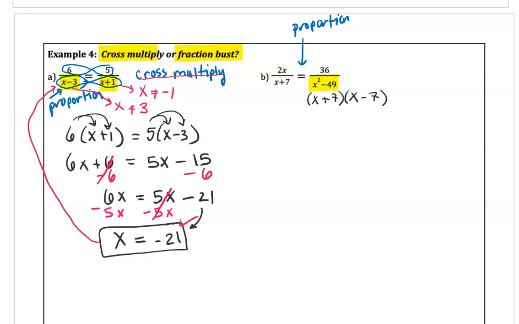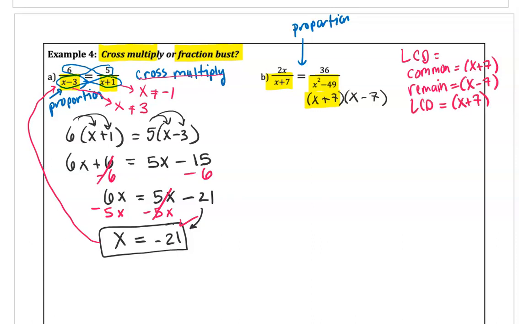So I notice that I have a common factor of x plus 7 between my two denominators. So in this case, my LCD would be the better route because the LCD is just going to be the common factor of x plus 7 and then times the remaining factor of x minus 7. So it's just those two multiplied together.